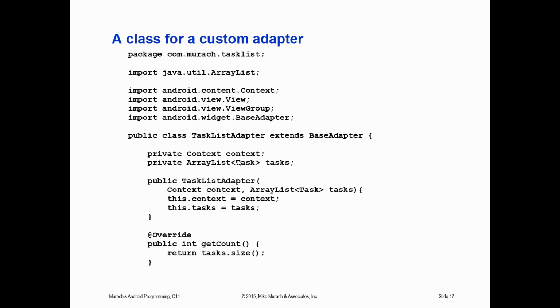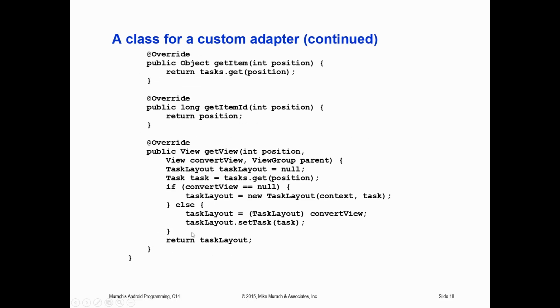After the constructor, we override four methods that are in here. getCount, which returns the count of the number of items in the array list. getItem, which returns the task object at the specified position in the array list object. getItemId, which returns a position parameter. And the fourth one, which is getView. getView returns a task layout object like the one defined by the class shown previously. So the class for a custom adapter that extends the base adapter can supply data for list view and spinner widgets.